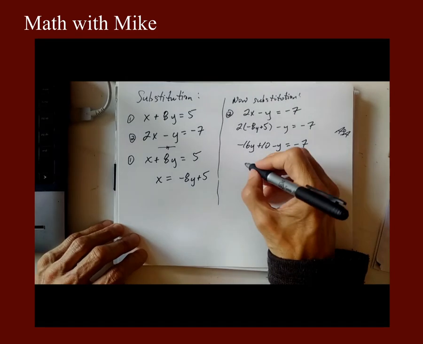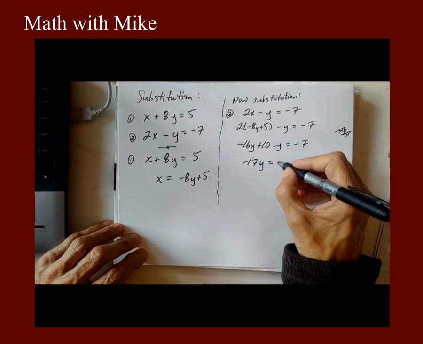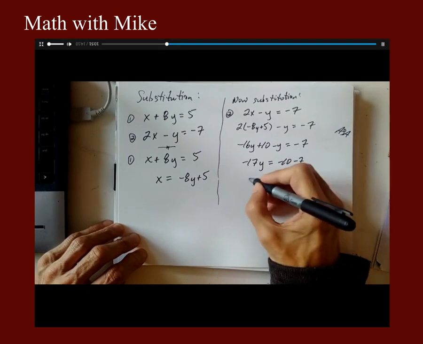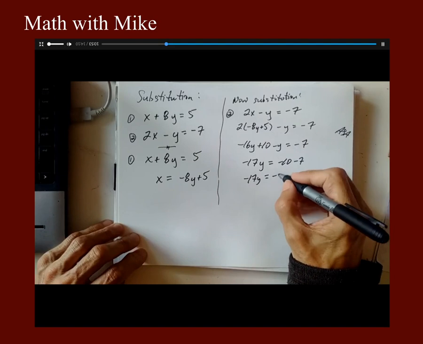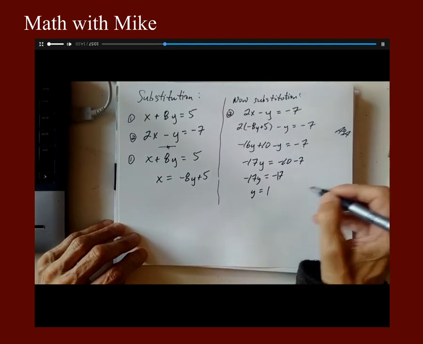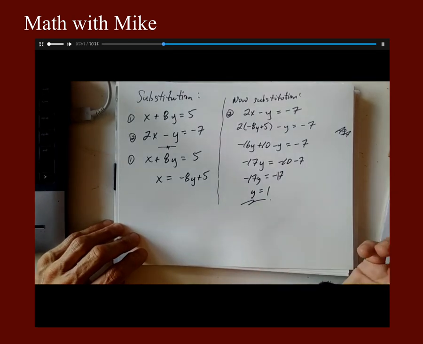Okay, so get the y's together. 10 goes to that side. So that's a negative 10 minus 7. So you have negative 17y is equal to negative 17. Y is equal to 1. All right, not bad. Pretty organized still. Let's try and keep it that way.